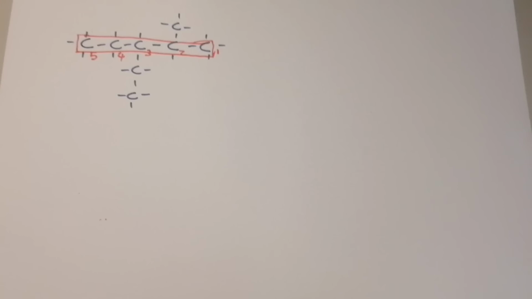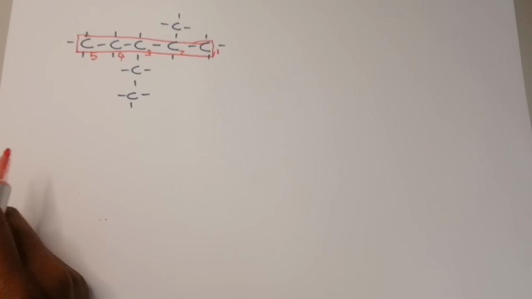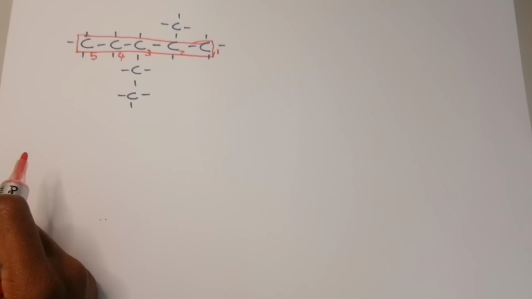Ladies and gents, I want you to note that you always try to put your side chains in alphabetical order, okay? And by the way, even when we do halogens, right, we still are going to follow the same rules, right? Haloalkanes, that is, right? We still are going to follow the same principle that we always place our side chains or our halogens, right, in alphabetical order.